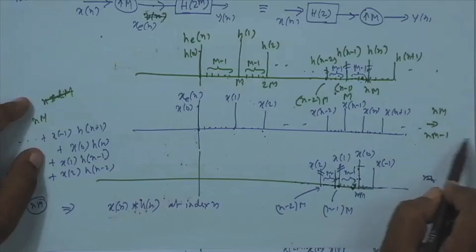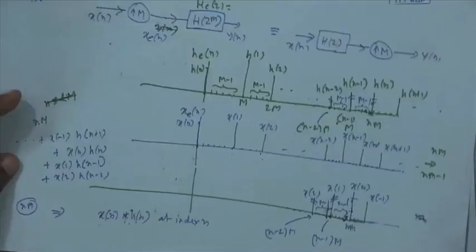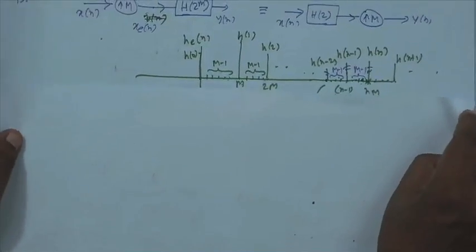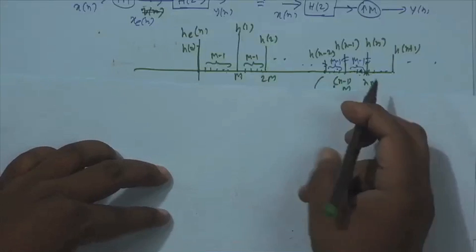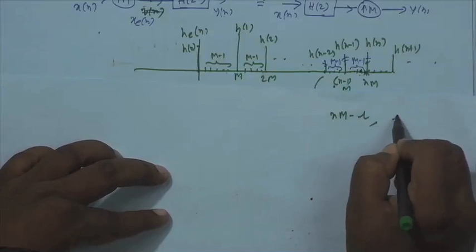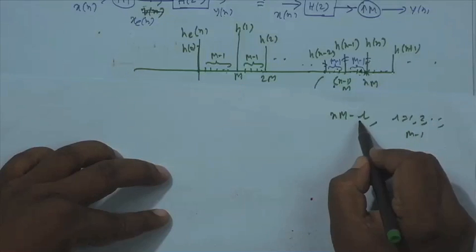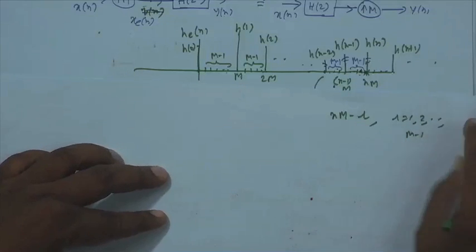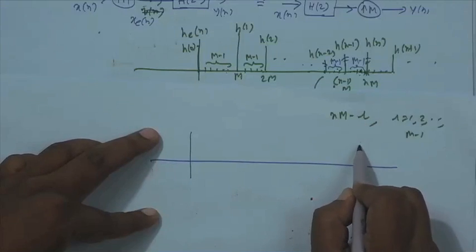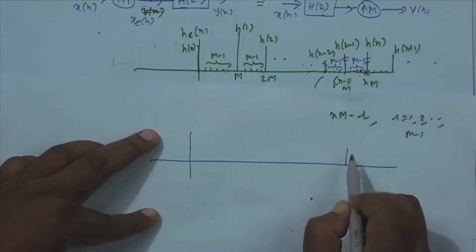Similarly, if n m minus 2, n m minus 3, okay, if you are not understanding, say, as an example, I am delaying by n m minus r, where r can be 1, 2 up to m minus 1. So, either n m minus 1, n m minus 2, n m minus 3, like that. Then what will happen? Earlier at n m, x was coming, it will not go there, it will come here at n m minus r.